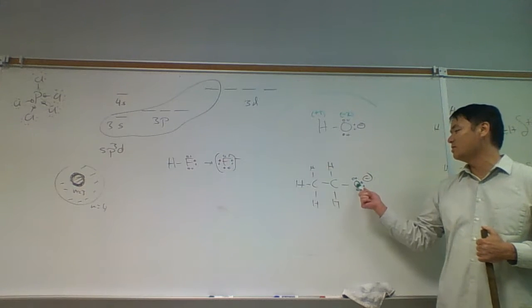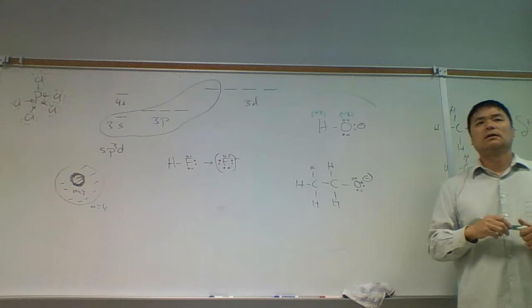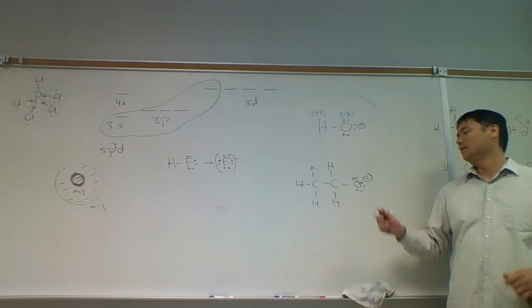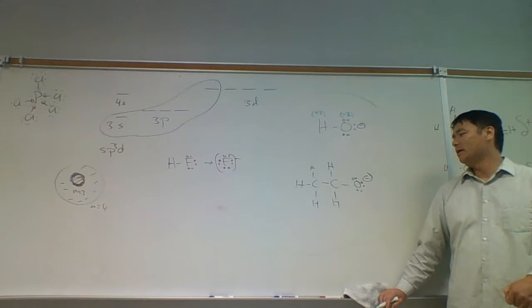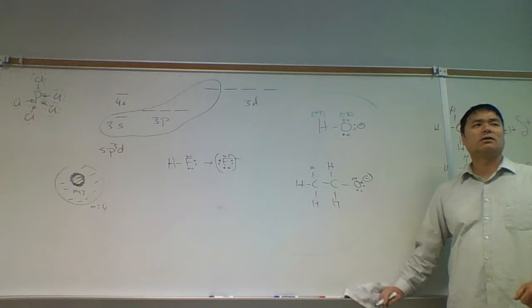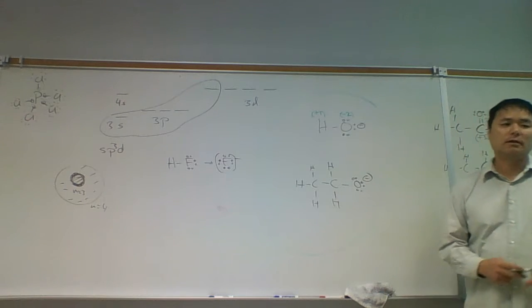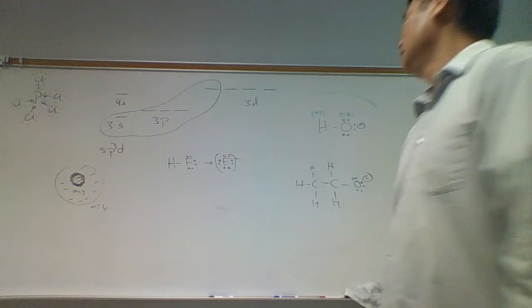Each atom has its own electronegativity. Okay, we don't call it electronegative. We call it something else. What is the negative charge on the carbon here? No, not 0. Well, anyway, I know it's been a while. Chapter 3's been a while.